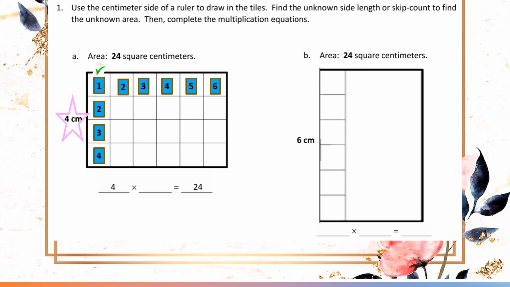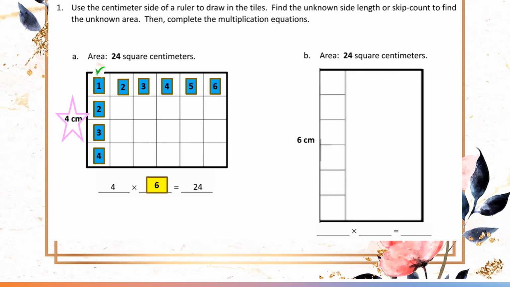So that means that the width is 6. So the number that completes our equation is 6. 4 times 6 equals 24. Now you may have already had that filled in because you knew that 4 times 6 was 24, and that's fine. But I just wanted to review where those numbers are coming from.